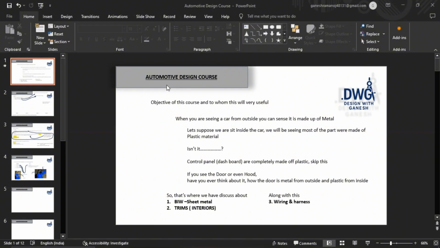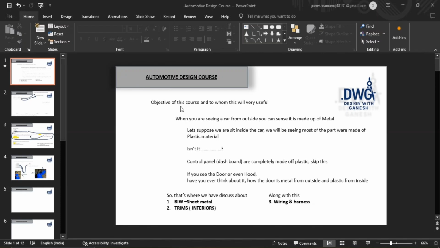The objective of this course, which is just an introduction to the entire course, is to introduce how a vehicle is modeled in the software and how it is manufactured at the final stage. Why am I introducing this? There will be lots of chances for mechanical engineers to get jobs in this field, right?